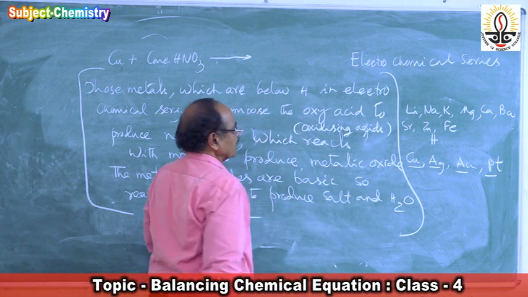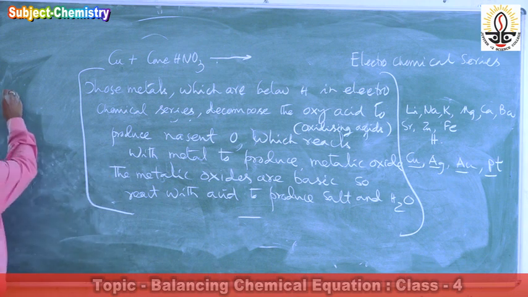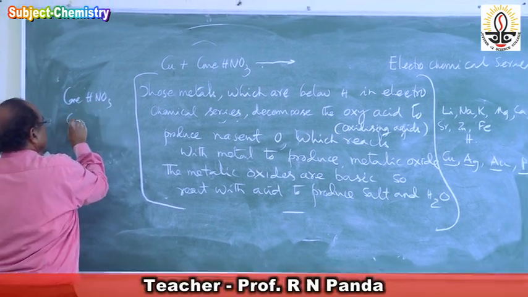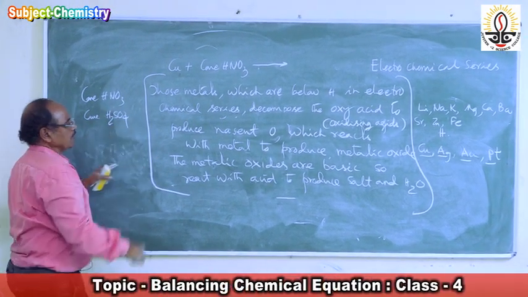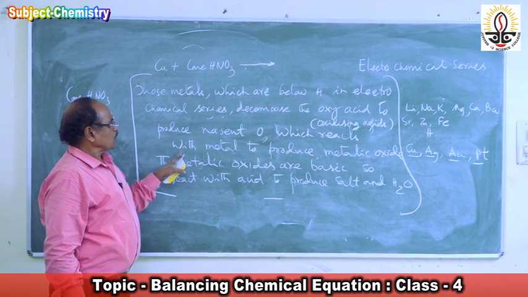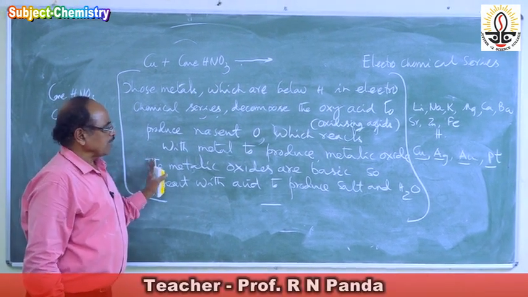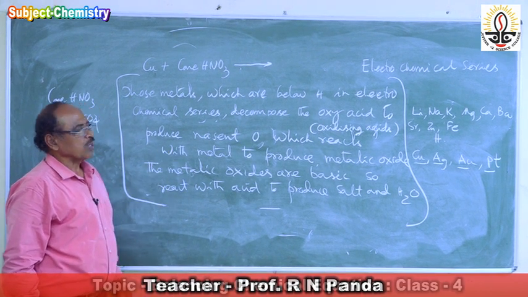Now, concentrated nitric acid and concentrated sulfuric acid produce nascent oxygen, which reacts with the metal to produce metallic oxide. The metallic oxides are basic, so they react with acid to produce salt and water.